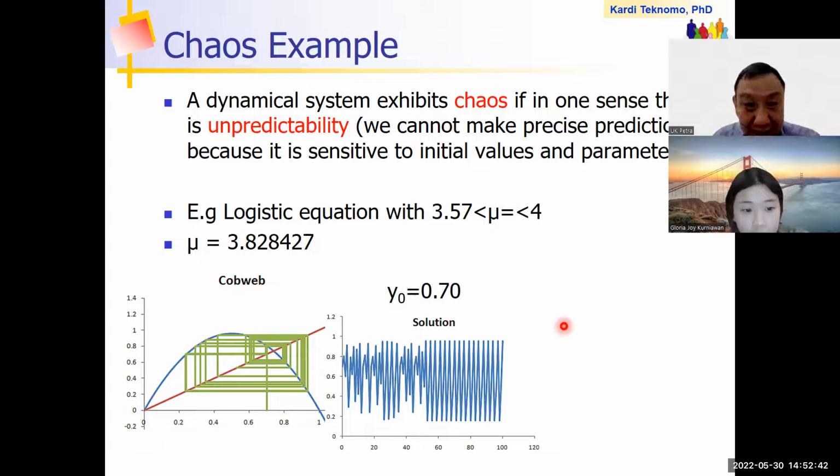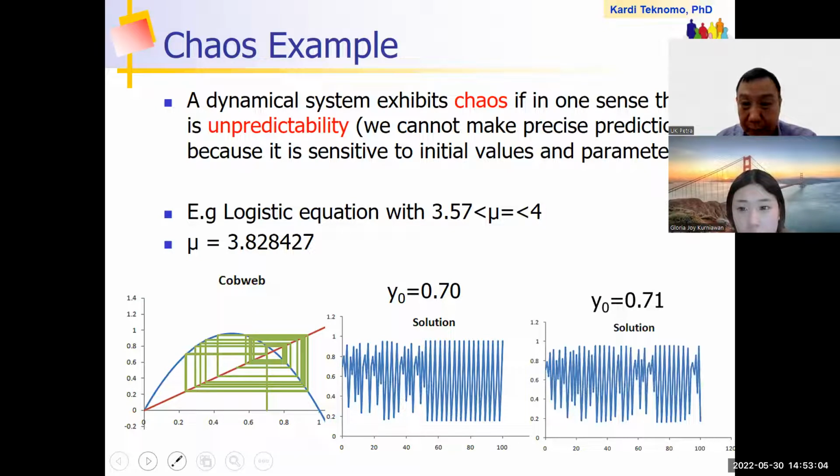Mu is 3.8 to 3.828427, and then the y0 is 0.7. Okay, and then now you change the initial value. The mu does not change.